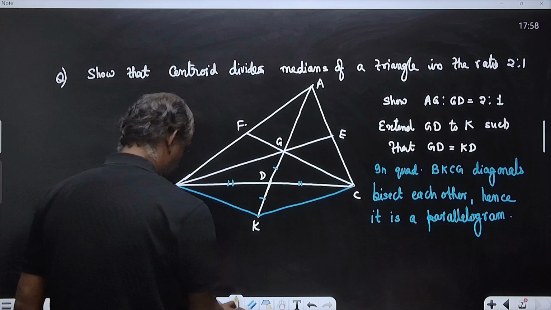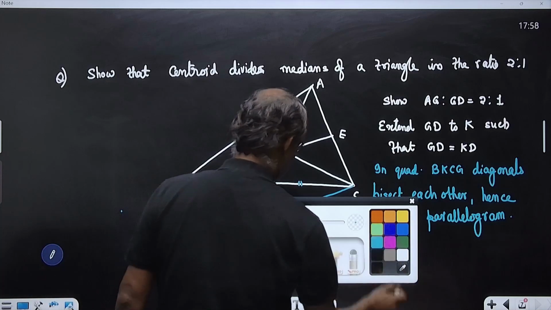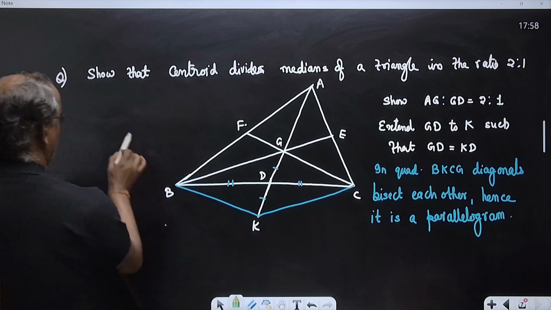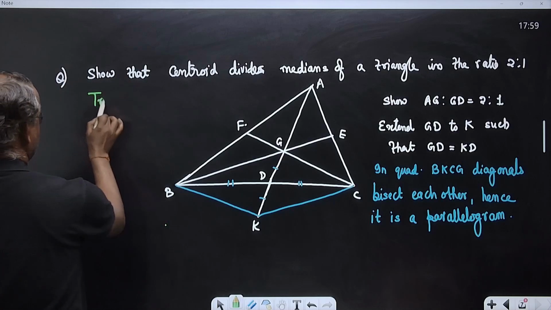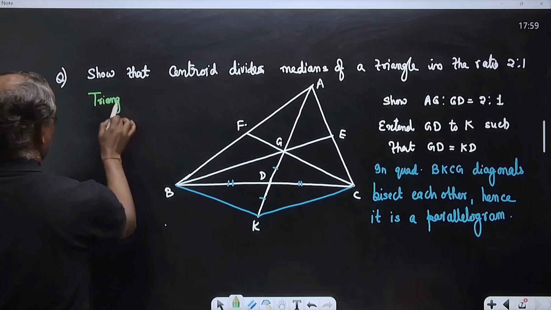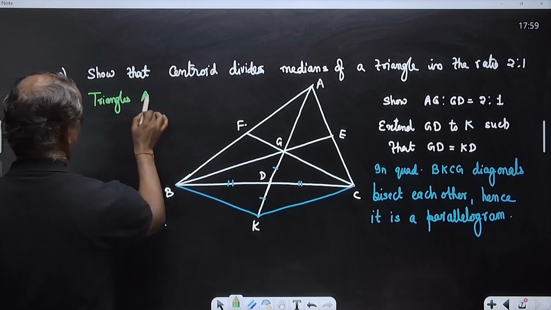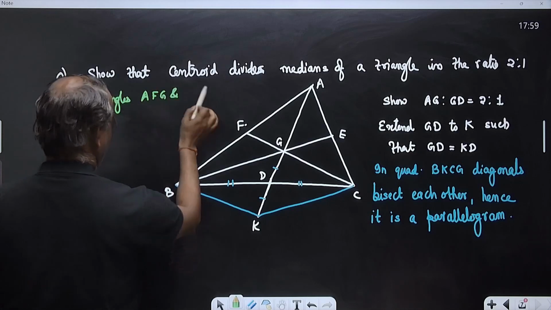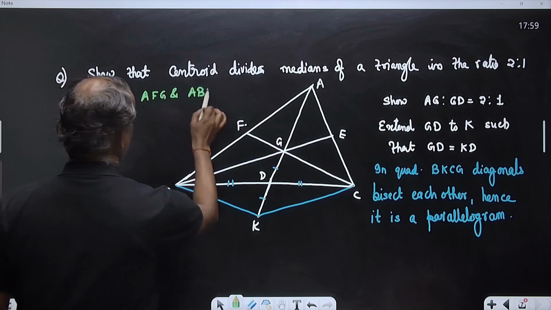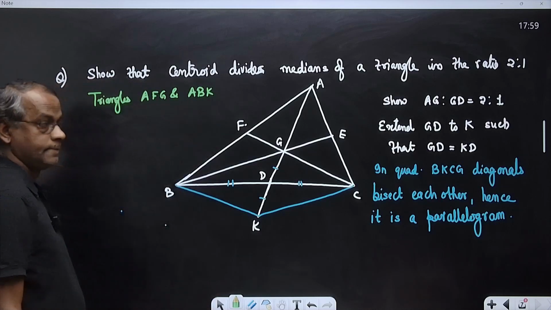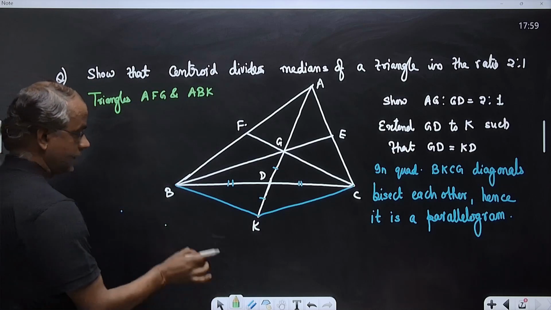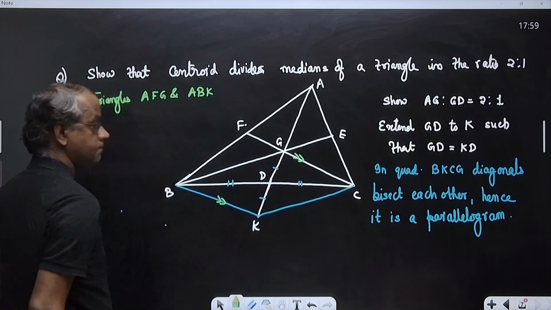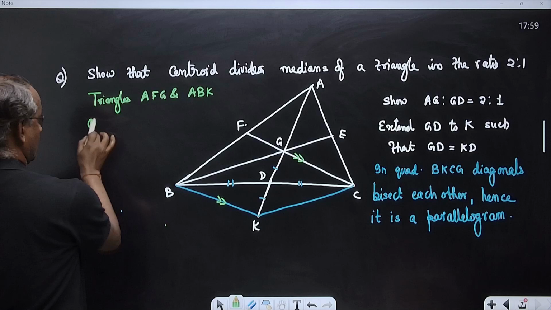Now, if you look at it properly, triangles AFG and ABK. Again, we have shown that they are parallel, and similar.